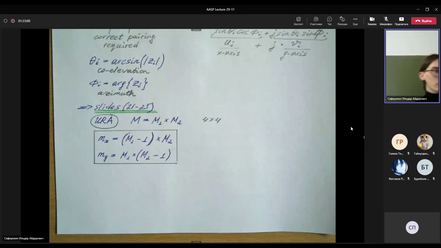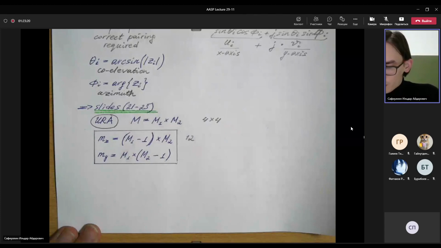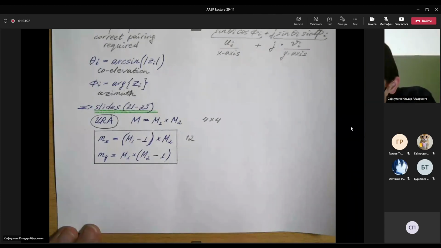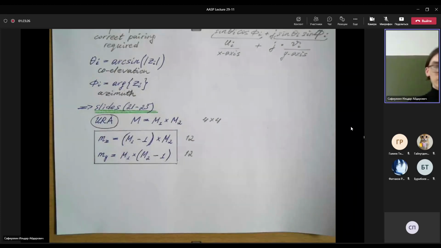And you can understand that in this case, instead of 2 subarrays, we will have 4 subarrays, because the first subarray is for the x-axis and the second subarray is for the y-axis. And here we can write down that m sub x is equal to 12, and in the same way m sub y is equal to 12.